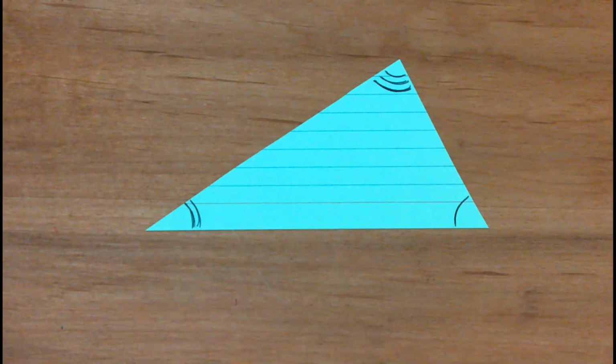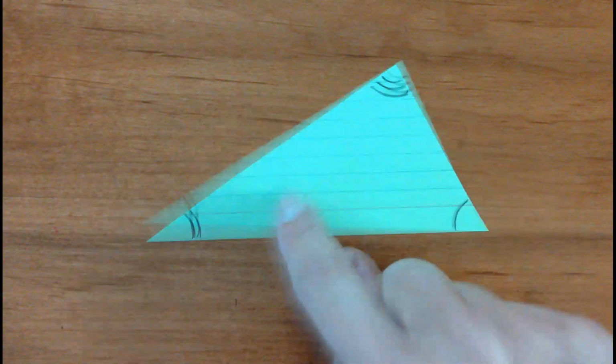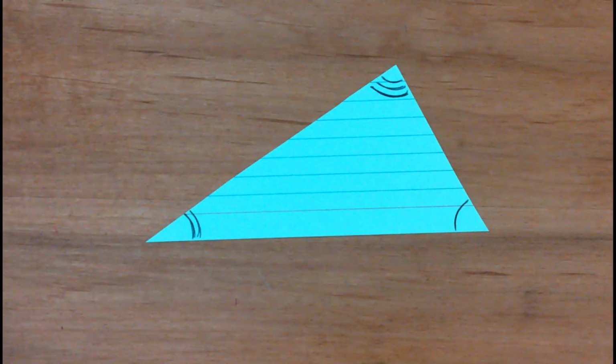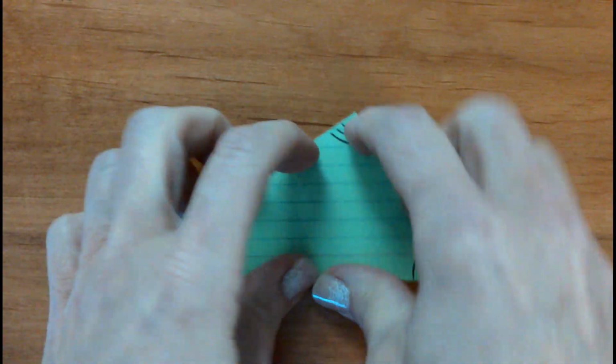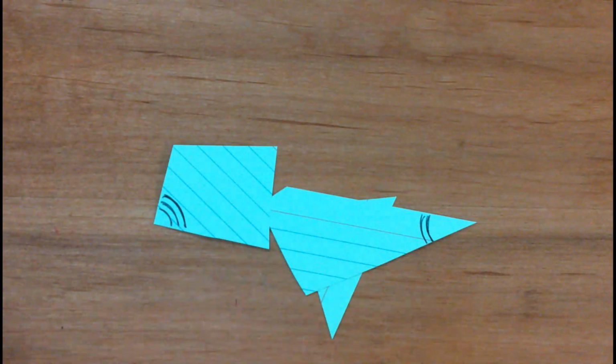So here's my little triangle. How many of you remember how much these angles add up to? The ones on the inside. Okay, I hear a 360, I hear a 180, 90. Okay, I'm going to show you a magic trick. Now I could use my little handy dandy scissors, or I could just tear the paper, but I used an index card, so I'm going to use scissors, and I'm just randomly cutting my triangle.